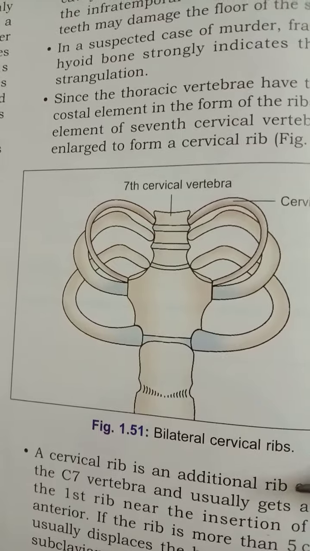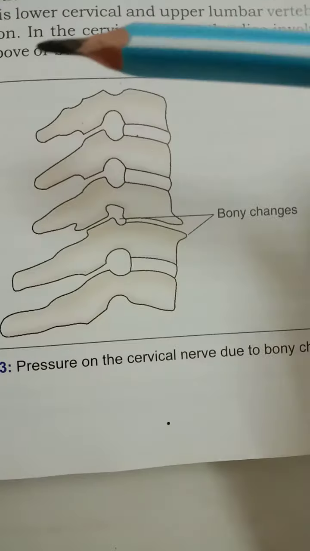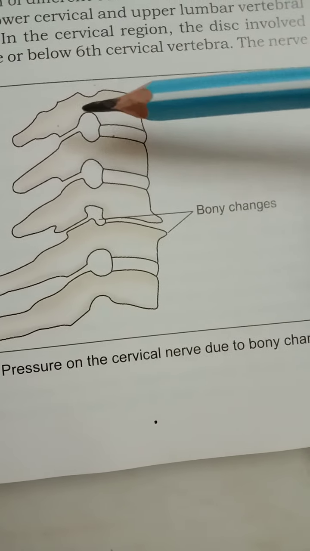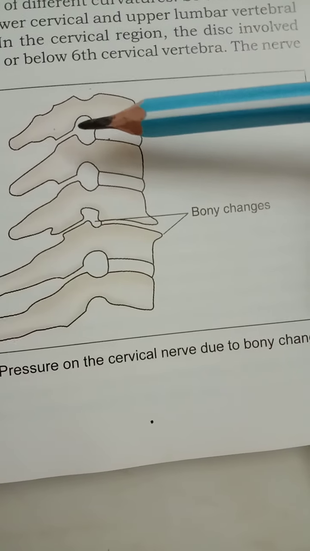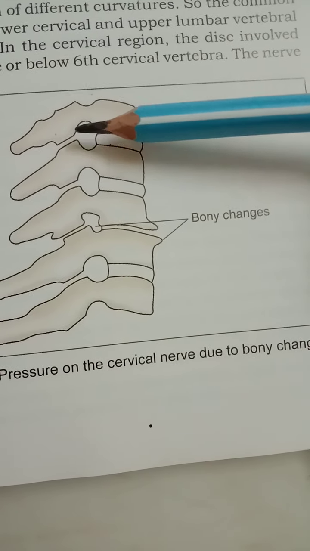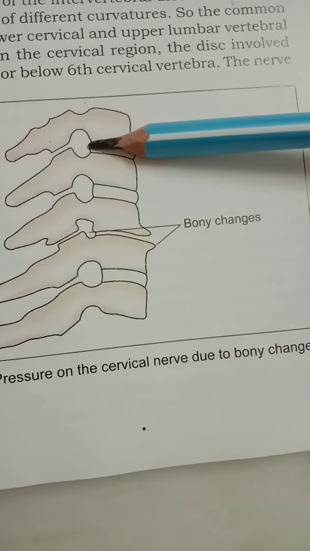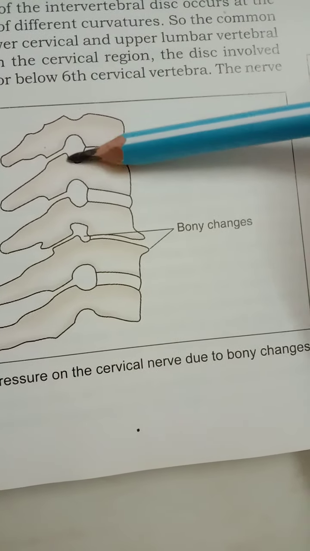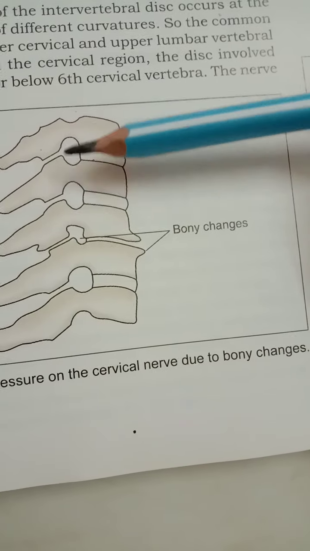Then next is the intervertebral foramen. In this diagram you can see that when two vertebrae join with each other, laterally the foramen is formed by the inferior vertebral notch and the superior vertebral notch of the next vertebra, forming the intervertebral foramen.